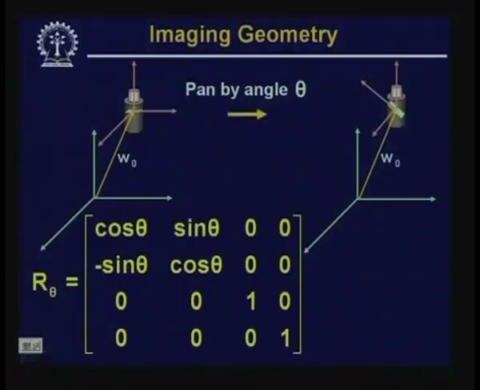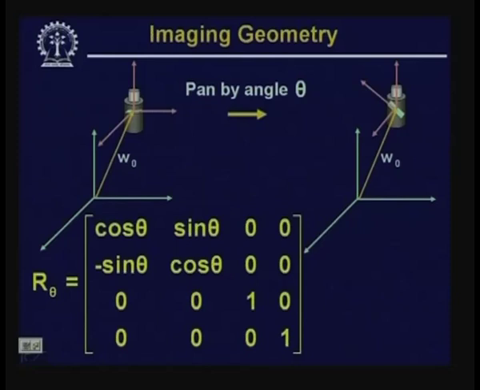And for this panning by an angle theta, again we have seen earlier that the corresponding transformation matrix for rotation theta is given by r theta equal to cosine theta sin theta 0 0, minus sin theta cosine theta 0 0, then 0 0 1 0 and then 0 0 0 1.